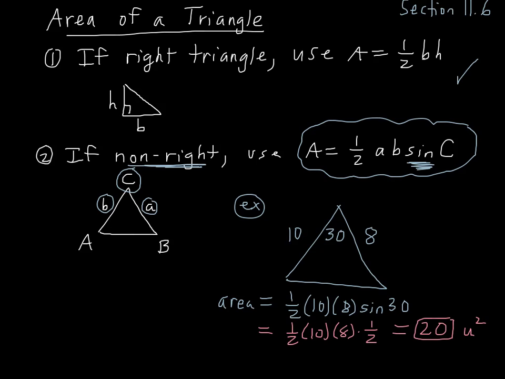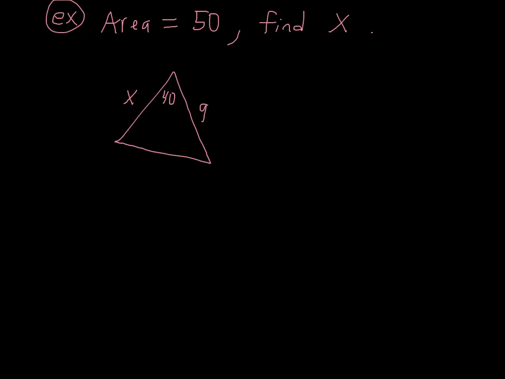Okay, so let's look at just one more quick example. Alright, so suppose this time we were told what the actual area is of this particular triangle. We know that the angle here is 40 and it's surrounded by sides of x and 9. So this is not a right triangle, so here is our basic formula.